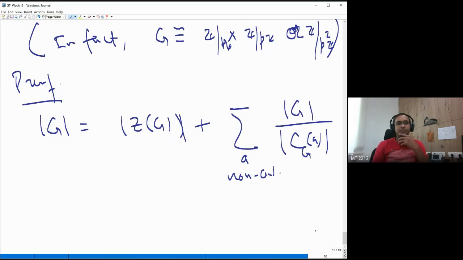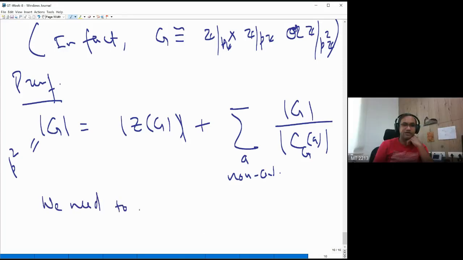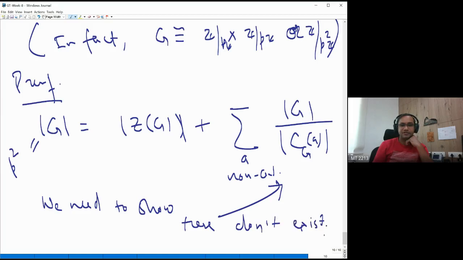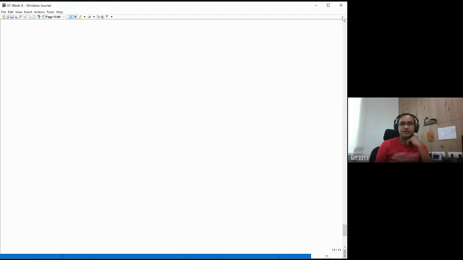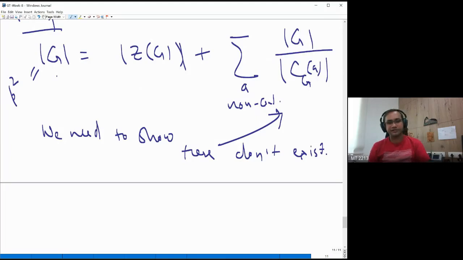To prove abelian, what do I need to prove in this equation? I am given that order of G is p square. We should show that the other terms don't exist, that the summation is 0, and the center is the whole group. This is what we need to prove.